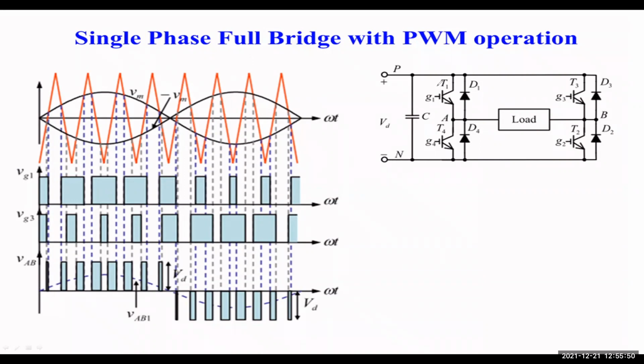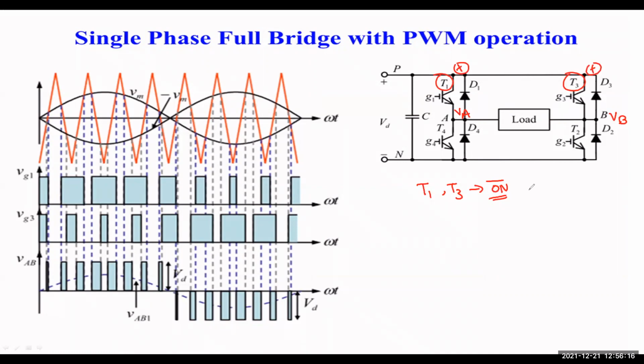By turning on T1 and by turning on T3, T1 is turned on and T3 is turned on. Then the voltage across the load is VA, and the voltage on the other side is VB. Here is positive voltage, and here is also positive voltage.